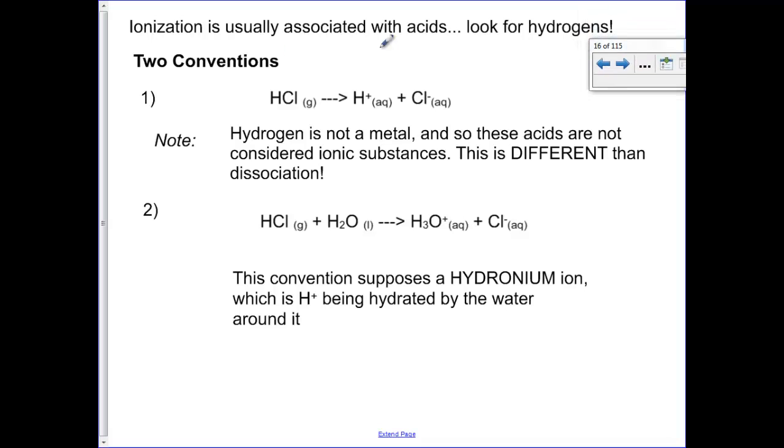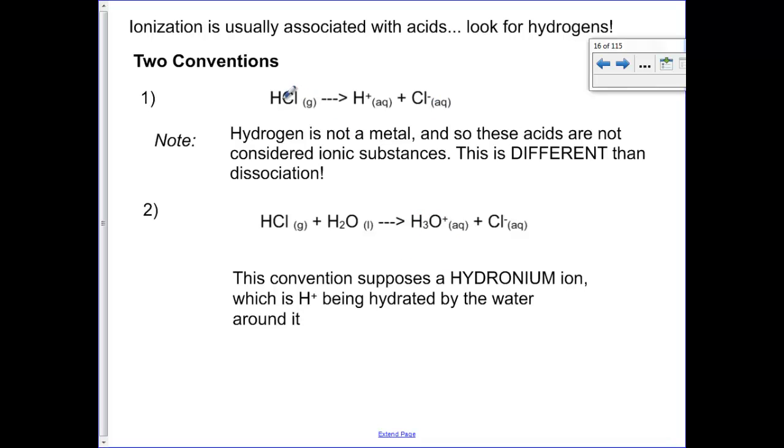I think I have some more examples here. Here's the one I just showed you. HCl is a molecular compound. Molecular things do not dissociate. But if I can break it up into H+ and Cl-, which makes logical sense, then I can argue that this thing ionizes. So this will conduct electricity. This is like an exception.